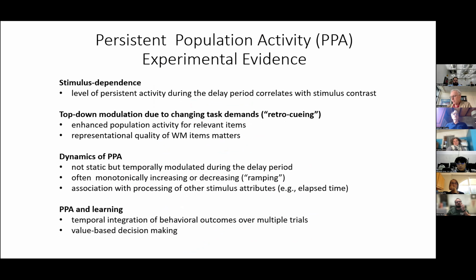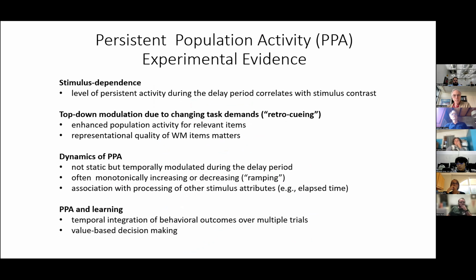Now, if you look at persistent population activity and experimental evidence, you see that there is stimulus dependence. Already the early work by the Goldman-Rakic group showed that the level of persistent activity during the delay period of a VM task correlates with stimulus contrast.